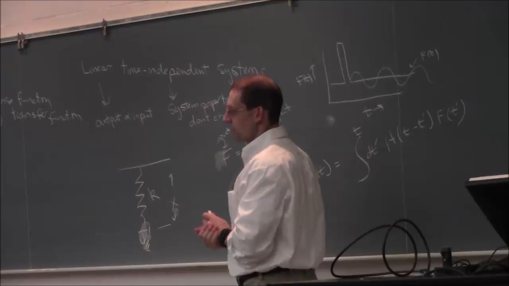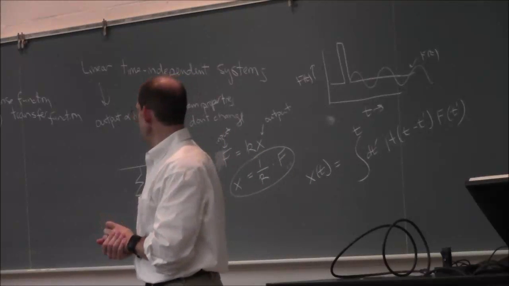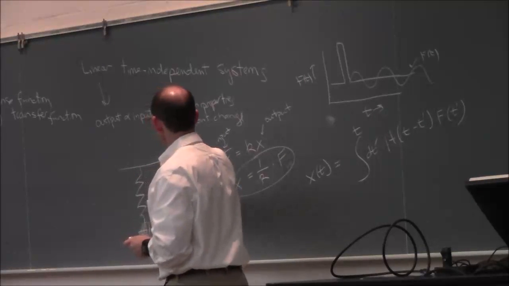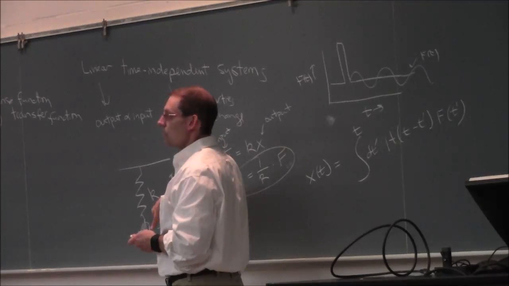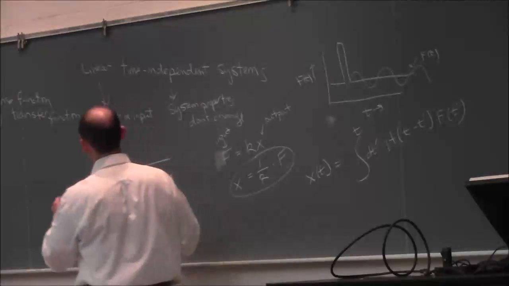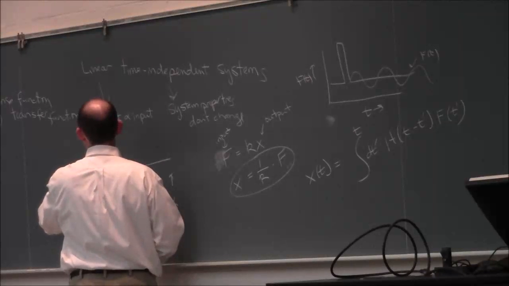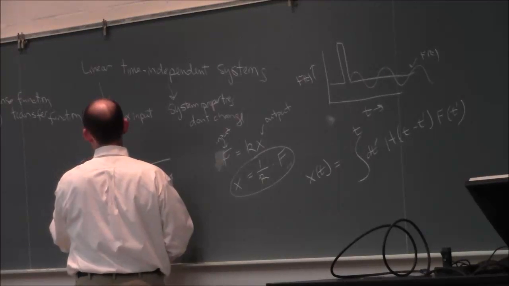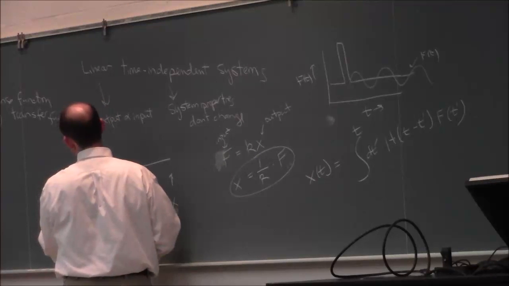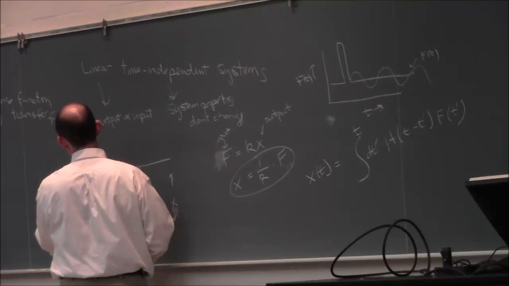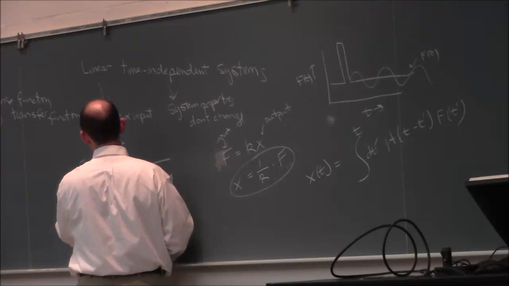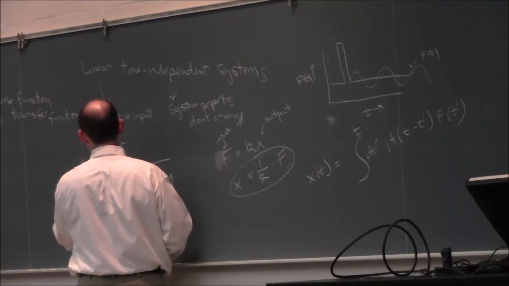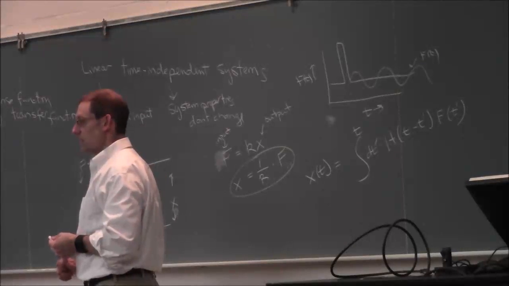If we thought about the equation of motion for the response variable, f is ma, so x double dot is equal to k over m x. So if that's our equation of motion, then there's no damping.